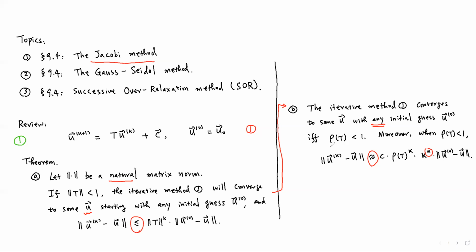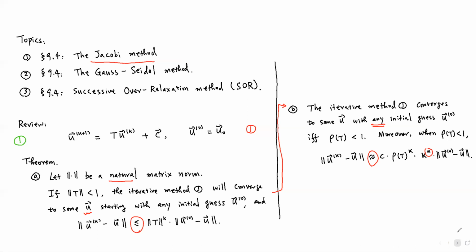But computing the spectral radius is in practice almost impossible, because first, T, the size is huge. Second, computing all the eigenvalues is very time consuming.